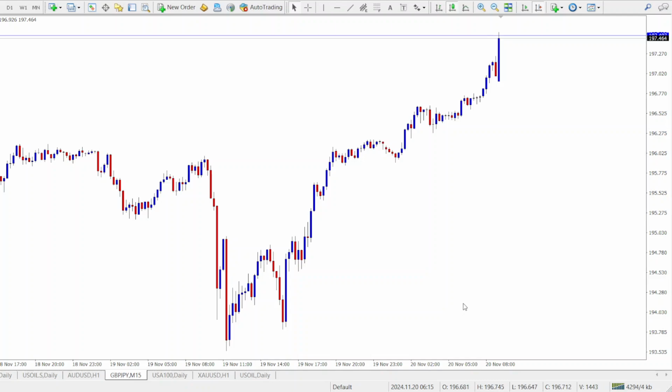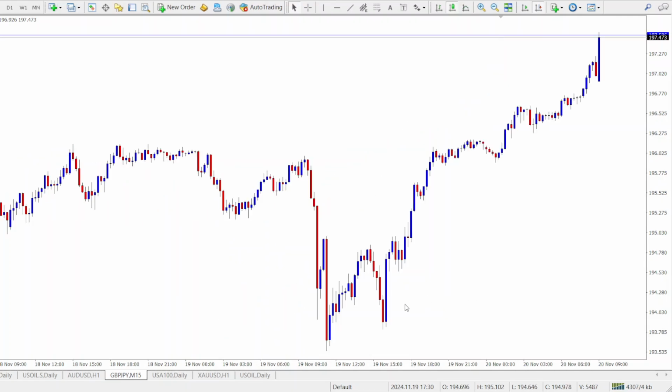Okay, now let us talk about the building blocks of a solid short-term Forex trading strategy. The first is chart analysis and time frames. The first step is choosing the right time frame. All right, for short-term trading, the most commonly used charts are the 1-minute, the 5-minute, and the 15-minute charts.